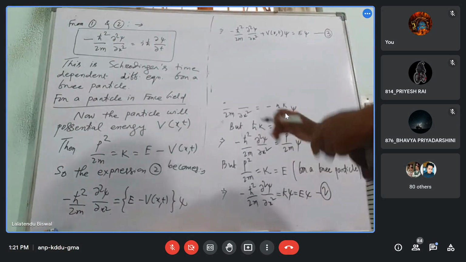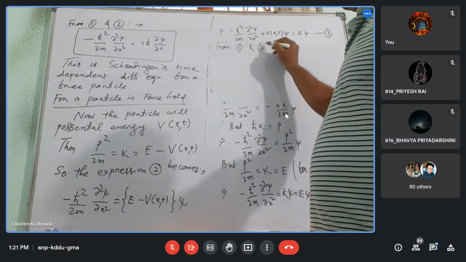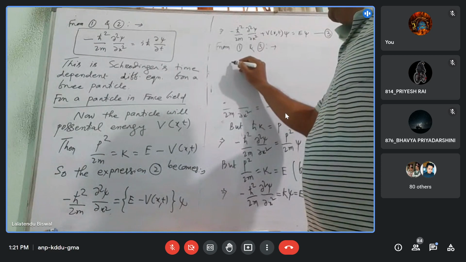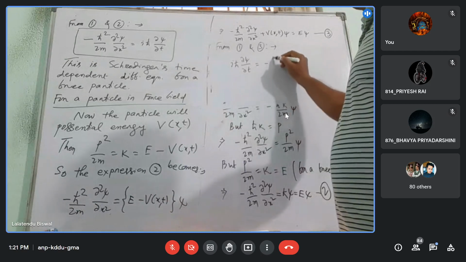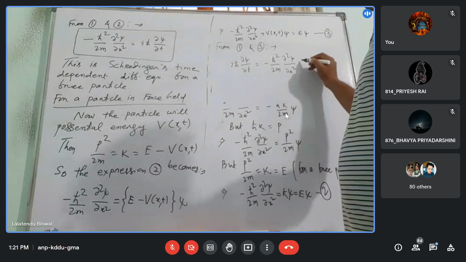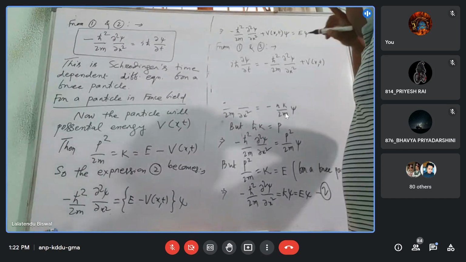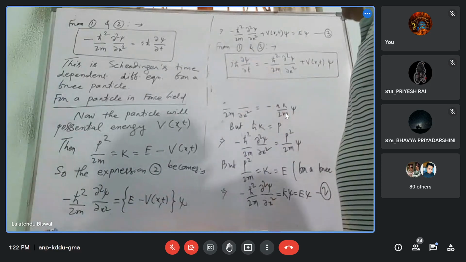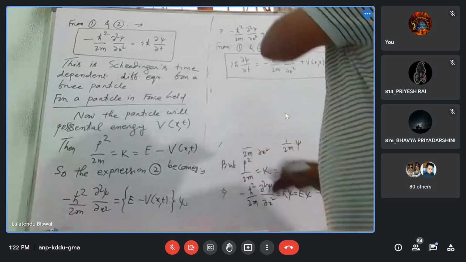Now if you compare 1 and 3, their RHS are the same. So for a particle in a force field, you can write iħ del psi by del t is equal to minus ħ² by 2m del² psi by del x² plus V(x,t), where potential energy is a function of position as well as time, into psi. This is the Schrodinger equation for a particle moving under the action of a force field.